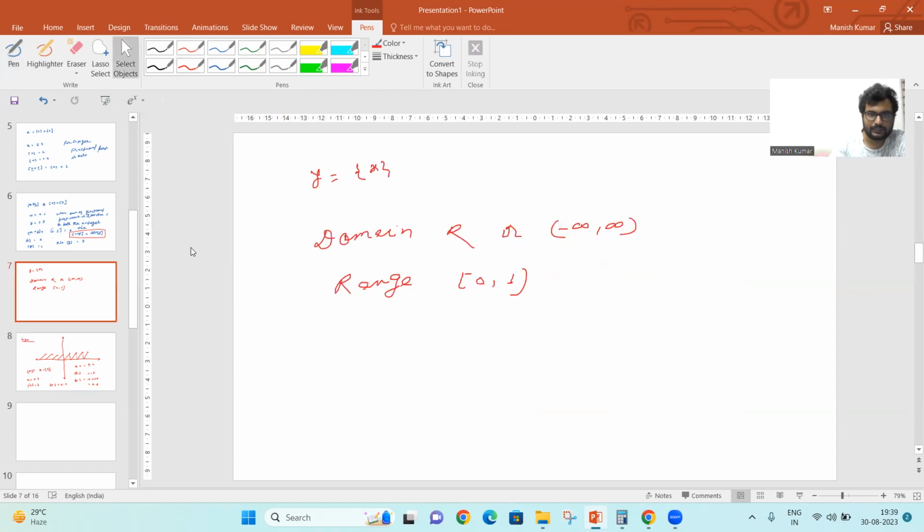So I have written here the range. Whatever value of x you take, the range will be this only. I have plotted the graph and am trying it in the calculator.